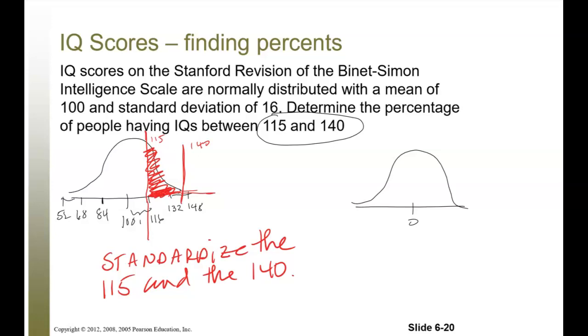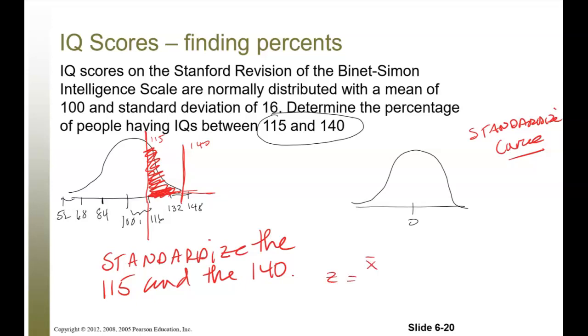And I'm going to put them on my standardized curve. So this is my standardized curve, and I'm going to put them over here. Well, to do that, I need my formula. We did this back in chapter 3. If you go to your formula sheet, look at chapter 6. There is one small little formula.